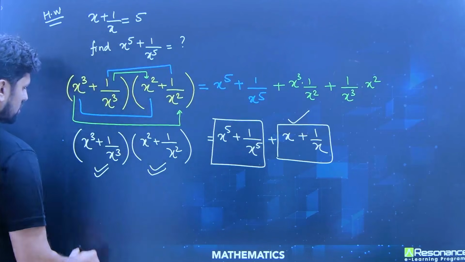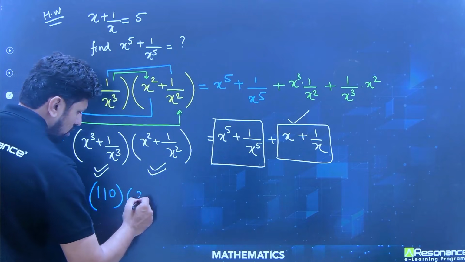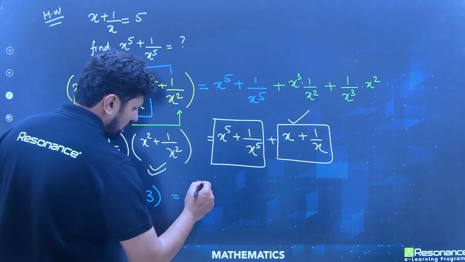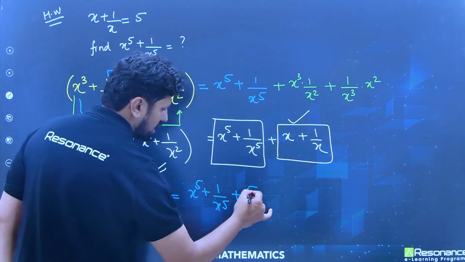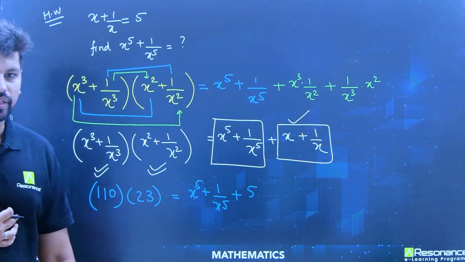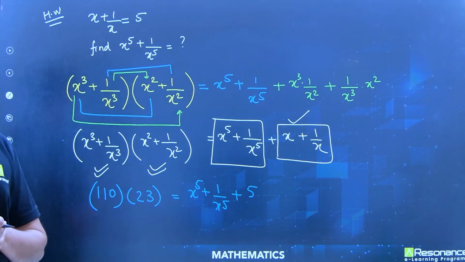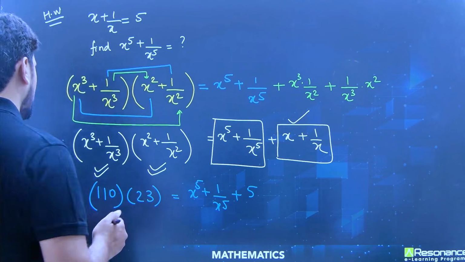Let's put it here. So this answer was 110 and this was 23, equal to x to the power 5 plus 1 upon x to the power 5, and this value was already 5. When you multiply this, what will you get? 23 into 110, 2530. Very good.